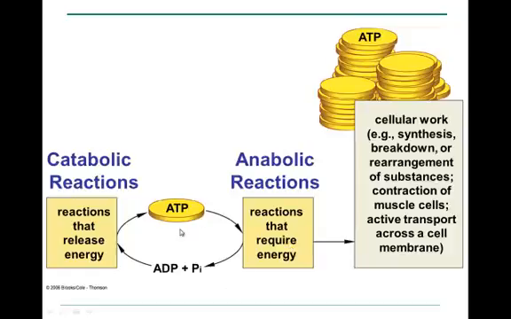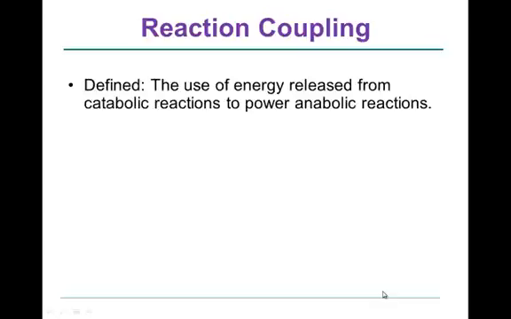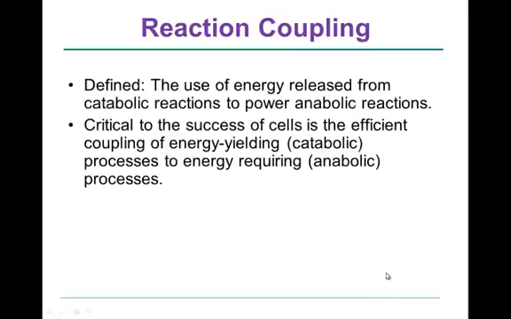And in fact, this little equation of ATP, ADP plus P to ATP, is the intermediary reaction that links these two together and allows cellular work to be done with the energy from catabolic reactions. And so that is the intermediary. And of course, this is given a name of reaction coupling. Reaction coupling is the use of energy released from catabolic reactions to power anabolic reactions.